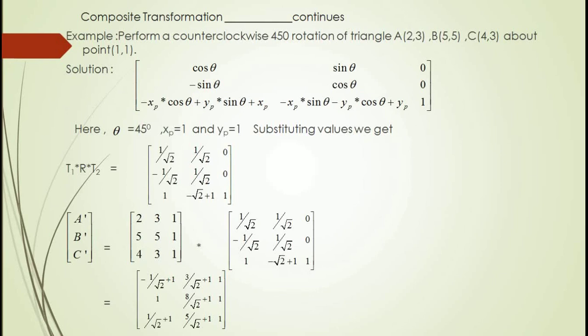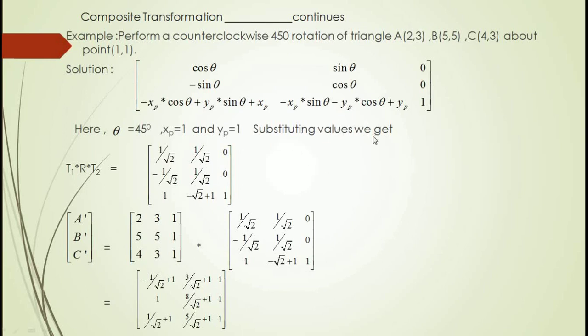Theta is equal to 45 degrees. This theta value, xp and yp value are given in our example, that is theta is equal to 45 degrees, xp is equal to 1 and yp is equal to 1.